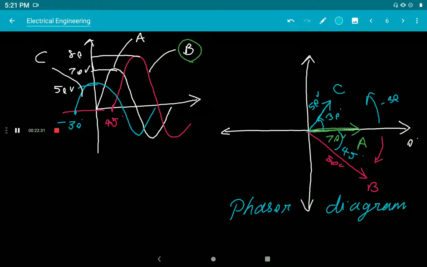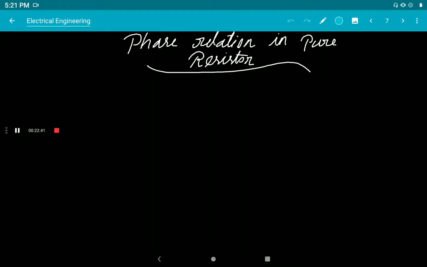Now we can represent a sinusoidal circuit, a simple AC circuit, that is the phase relation in a pure resistor. Just consider a circuit connected to a sinusoidal waveform.